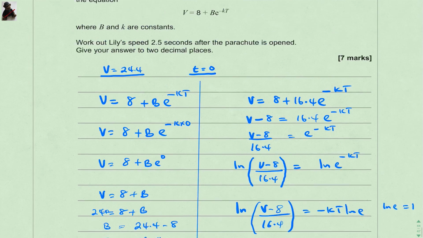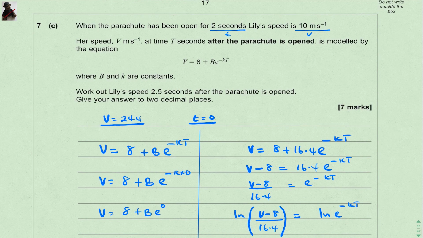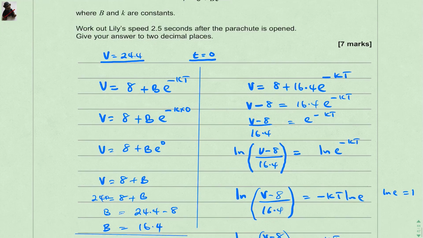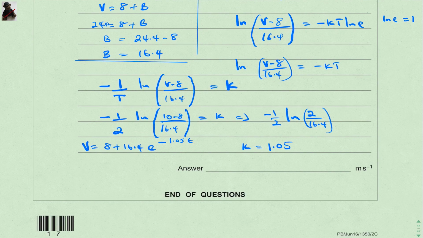So to work out the value of the speed at 2.5 seconds, all we need to do is replace t with 2.5 seconds to work out the speed. So we do v, that's the speed, equals 8 plus 16.4 e to power minus 1.05 times 2.5.